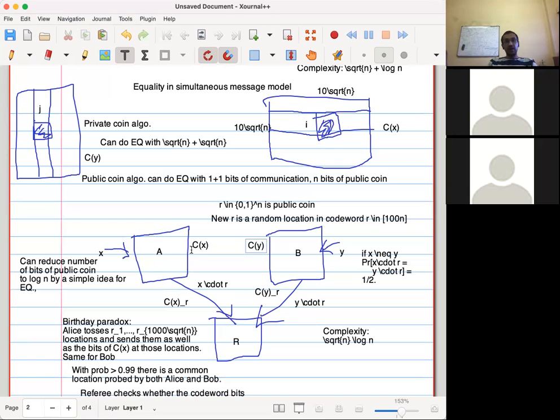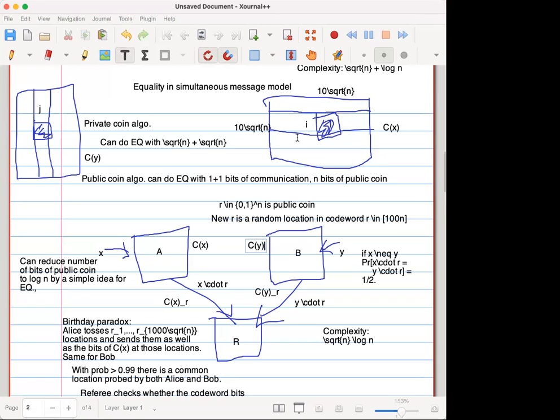And all we need are error correcting codes that take as input n bits, and let us say the output is some 100 n bits. What we require is that the error correcting code has constant rate, so the blow up is only constant, which is 100, and the error correcting code has constant distance.